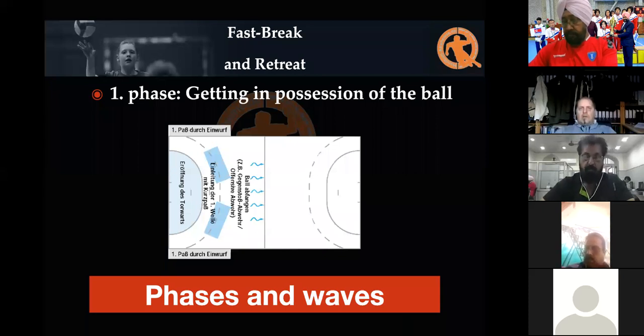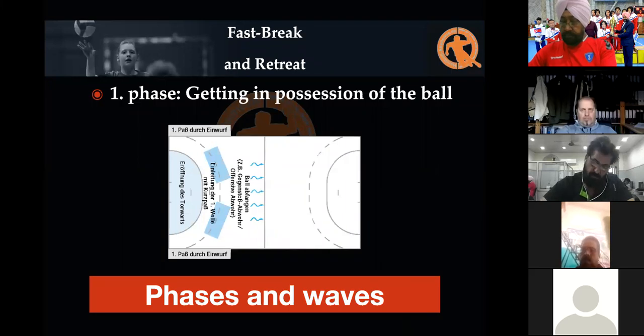So in that way, we have 4 different situations, 4 different spaces in which the ball possession changes, and different timing depending on those spaces of ball possession or turnover.